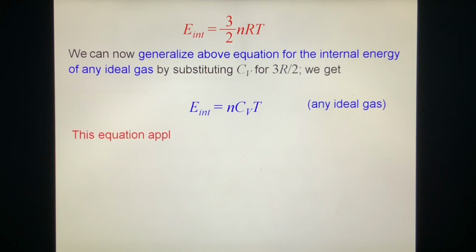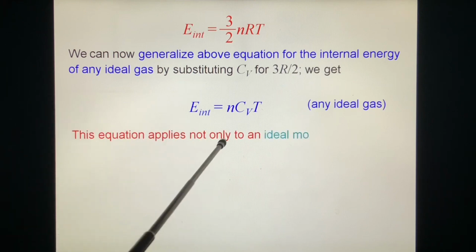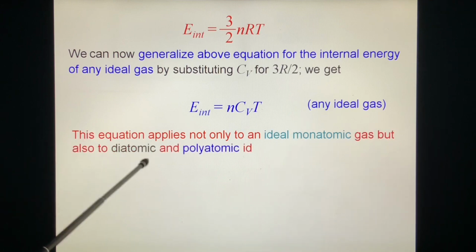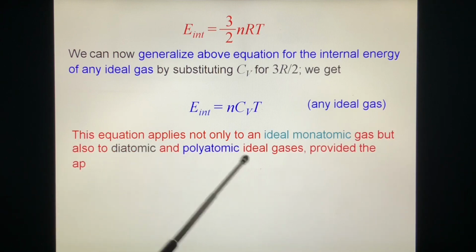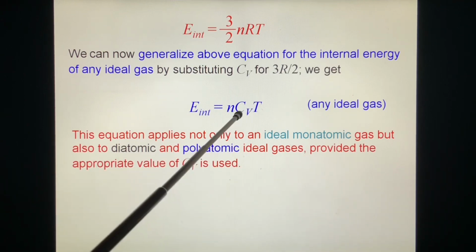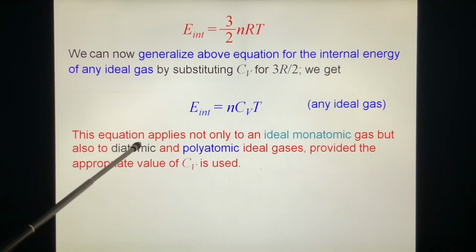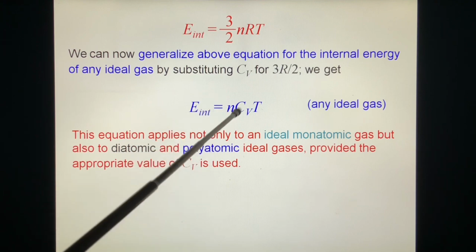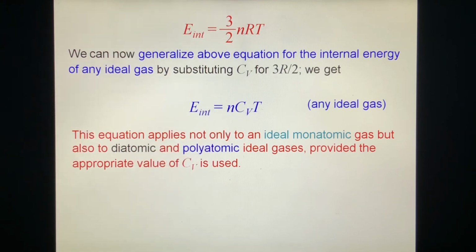This equation applies not only to an ideal monoatomic gas, but also to diatomic and polyatomic ideal gases, provided the appropriate value of C_V is used. C_V is changed. C_V for diatomic is one value, for polyatomic is another value. It is different from 3/2 R.